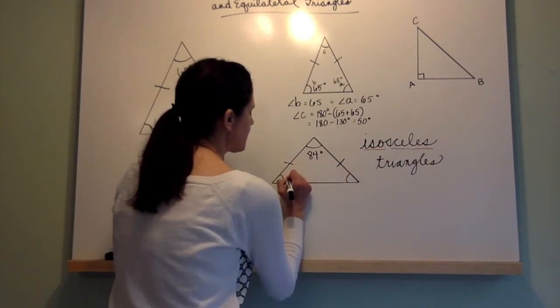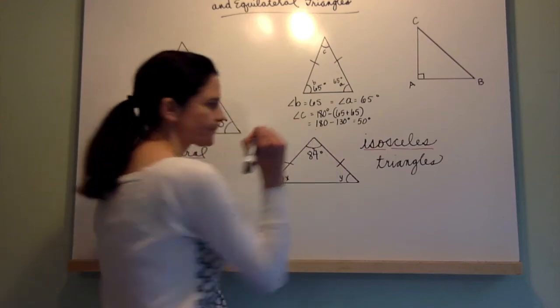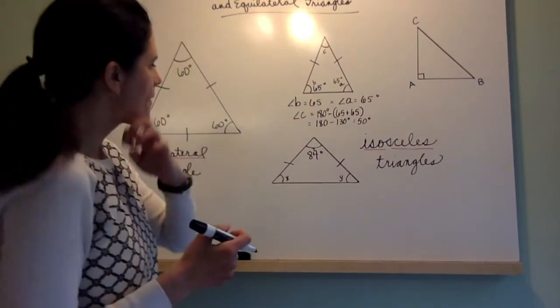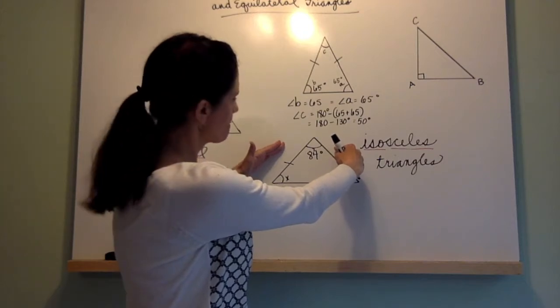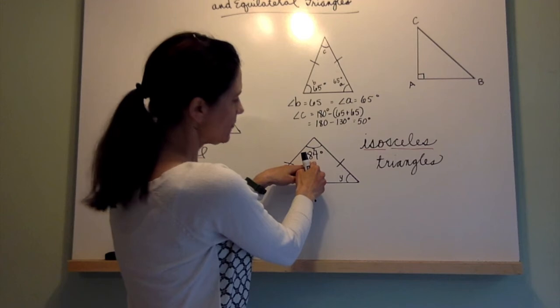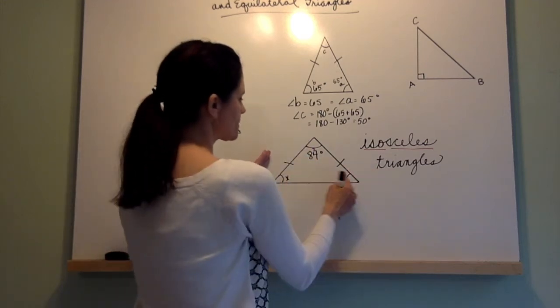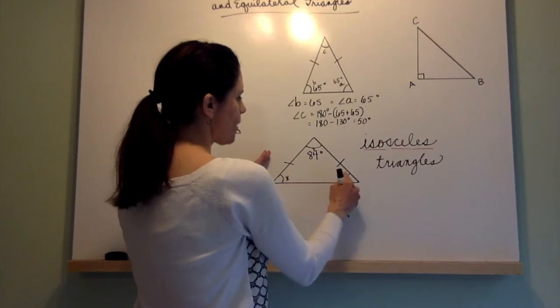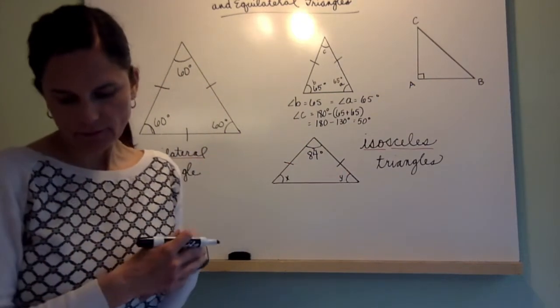So again, let's label this X, Y, and maybe this one was angle Z. So notice that these are the two equal sides. This angle is 84 degrees. Now my property tells me that the angles opposite those two equal sides are equal. So could I find that angle?